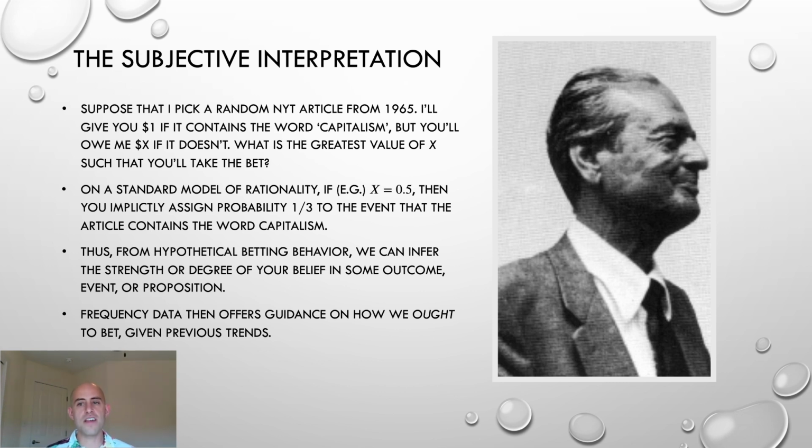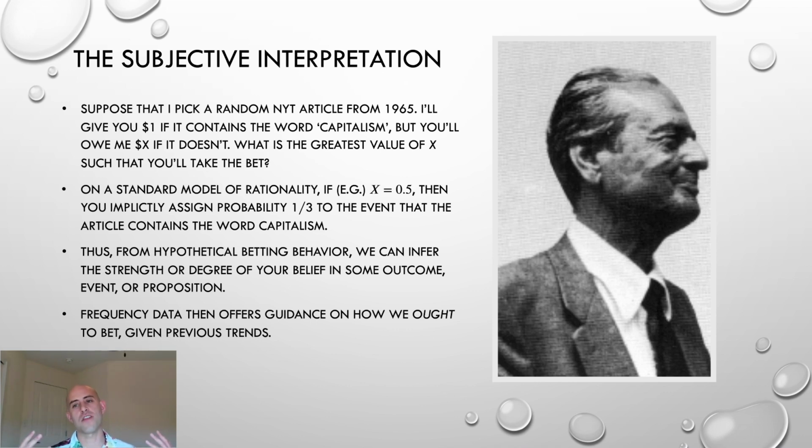So this idea that probability is really the degree or strength of belief, as can be elicited through gambling behavior, is the subjective interpretation of probability, where probabilities really refer to the strength of someone's belief in some outcome, event, or the truth of some proposition, right? And then what frequency data does is it offers guidance on how we ought to bet given previous trends, right?